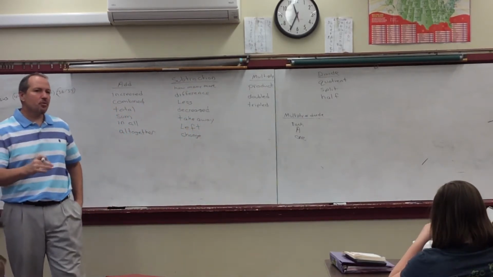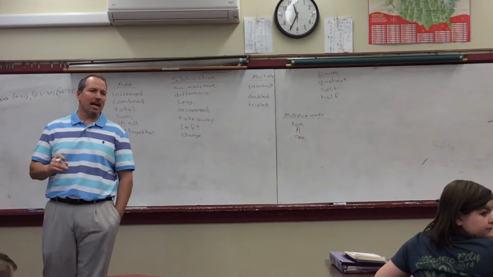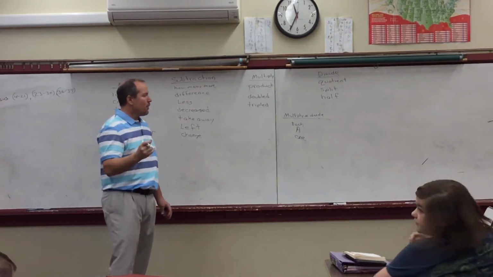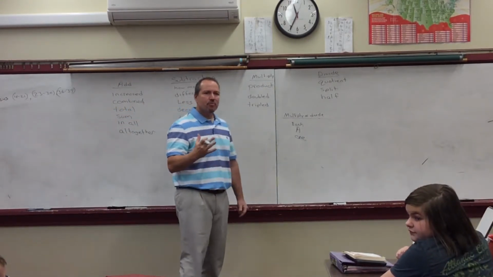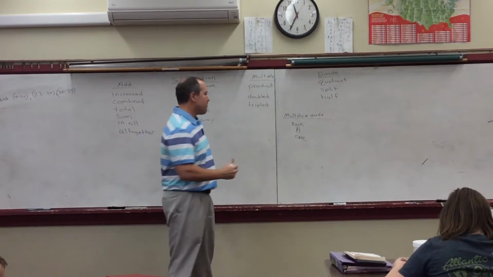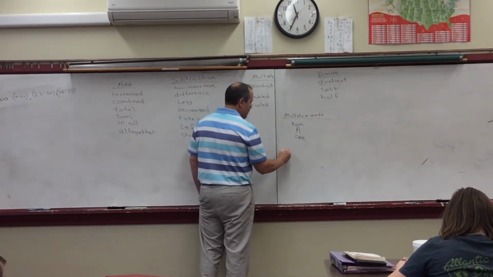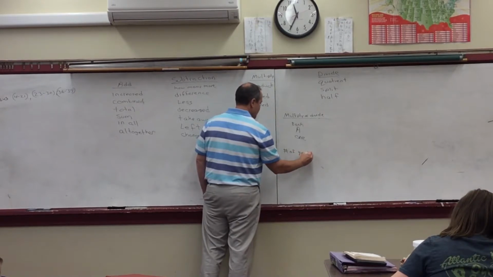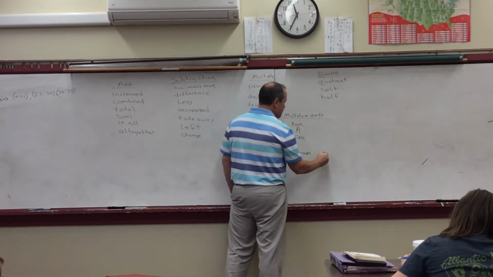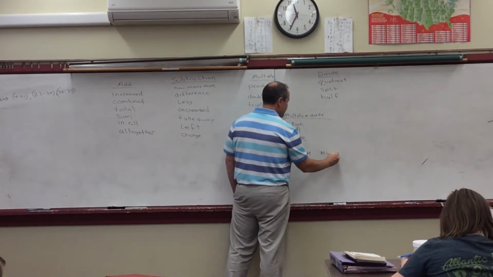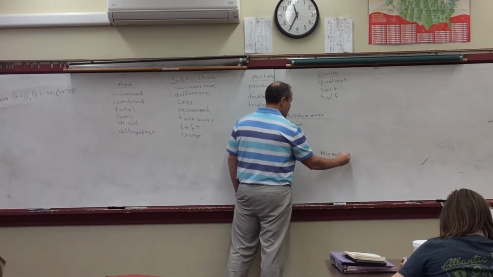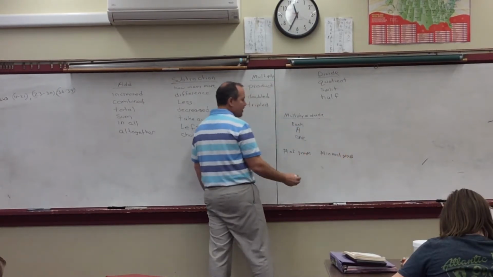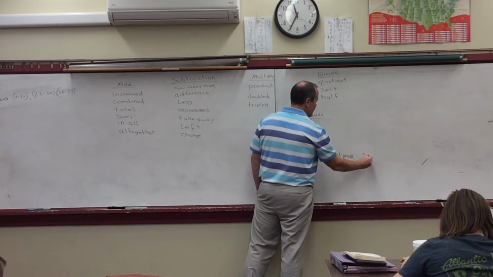When we have multiplying or dividing, there are 3 parts. You have the number of groups, you have the number in each group, thus the word each, and then you would have the total.